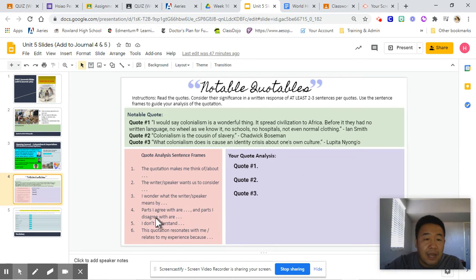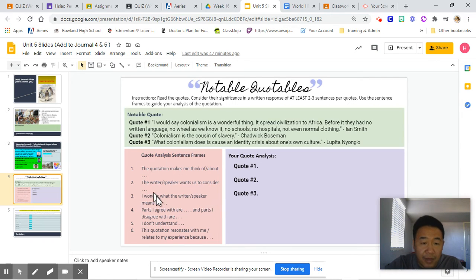For example, parts I agree with are when Smith talks about, and parts I disagree with are when Smith, or the first quote, talks about. Think about if there are things that you agree or disagree with, and why. And think about the writer and speaker. The writer and speaker wants us to consider, or you can replace that with the writer Boseman, talks about colonialism as, and then think about what you want to consider in what you're saying.